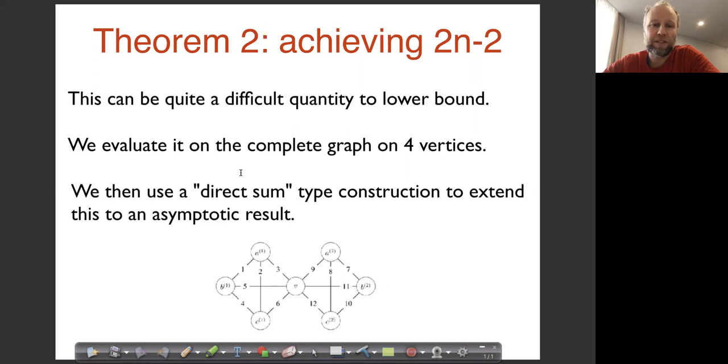So how we do it in this case is we look at the complete graph on 4 vertices. In that case, it's not too hard to show that the minimum rank of this matrix is 6. That's actually optimal, because the complete graph on 4 vertices just has 6 edges, so the query complexity is obviously at most 6. So we show a lower bound of 6 for the complete graph on 4 vertices, and then we do a direct sum type construction.